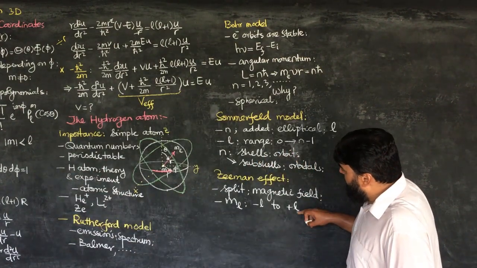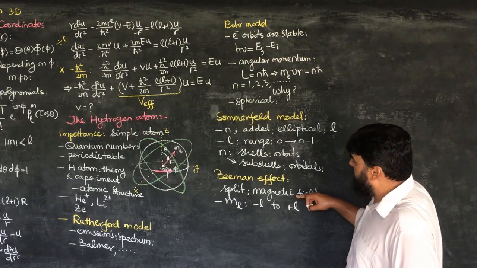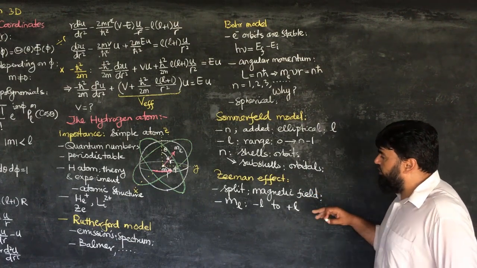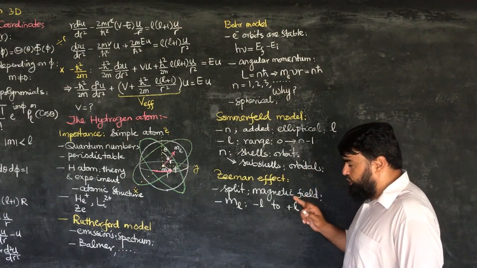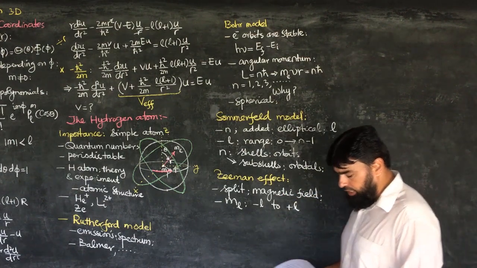This splitting was actually caused by the different orbitals, or the different motions of the electron under the magnetic field.